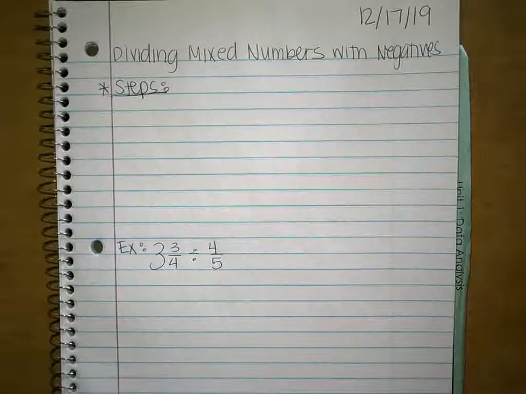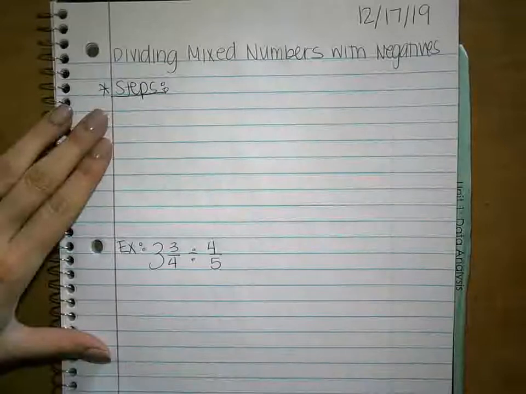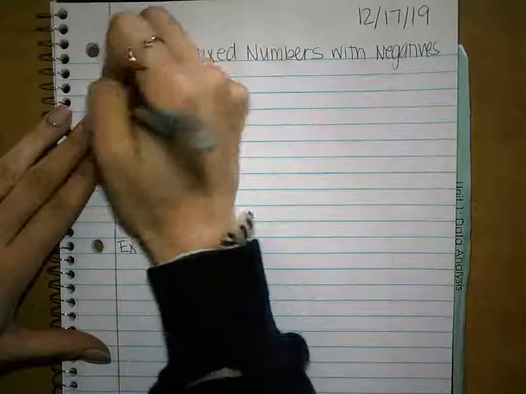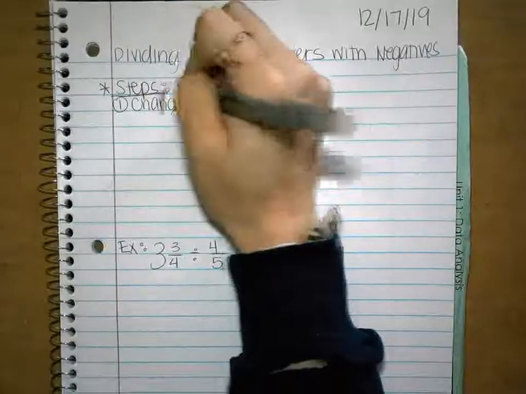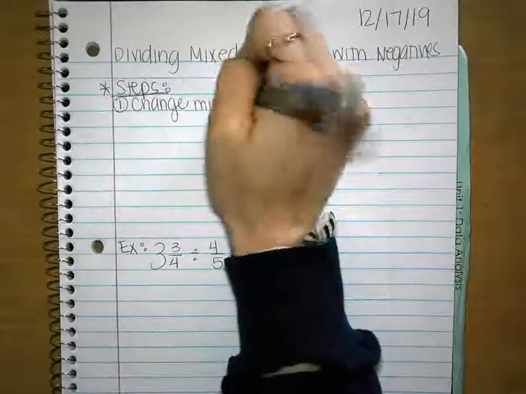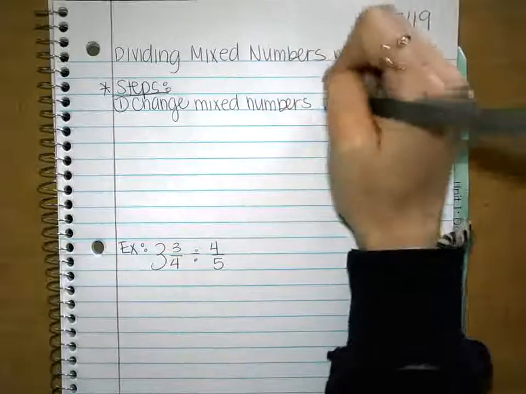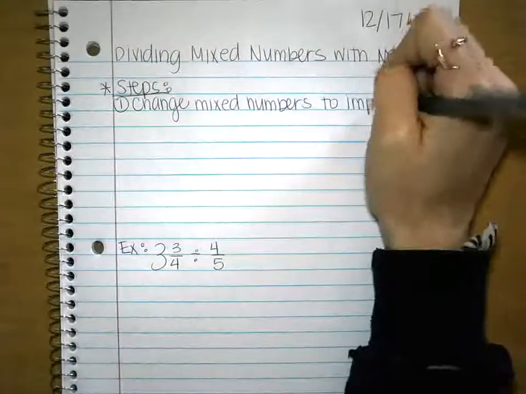Now, based on what we know about dividing fractions and based on what we know about multiplying mixed numbers, what do you think you have to do first? Hayden? Change the mixed number into an improper fraction. Excellent. So step 1, change mixed numbers to improper fractions.